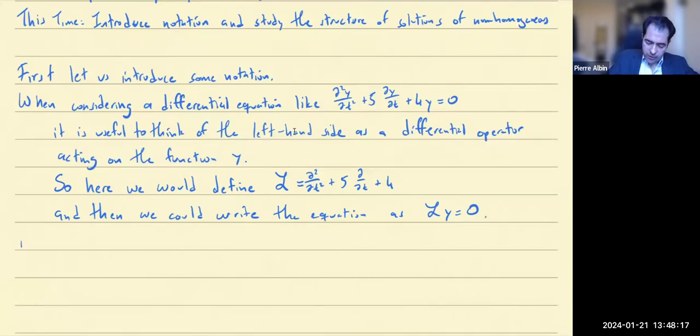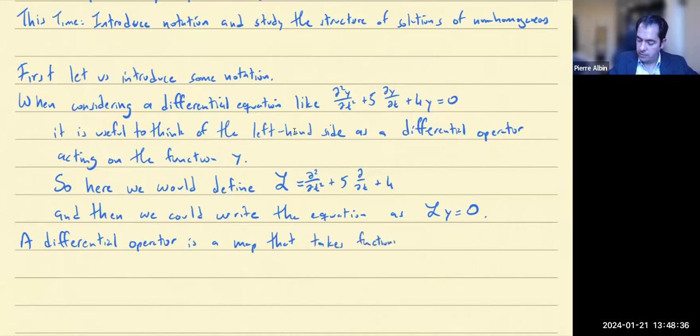Okay, so a differential operator like this L is a particular type of map that takes functions to functions.